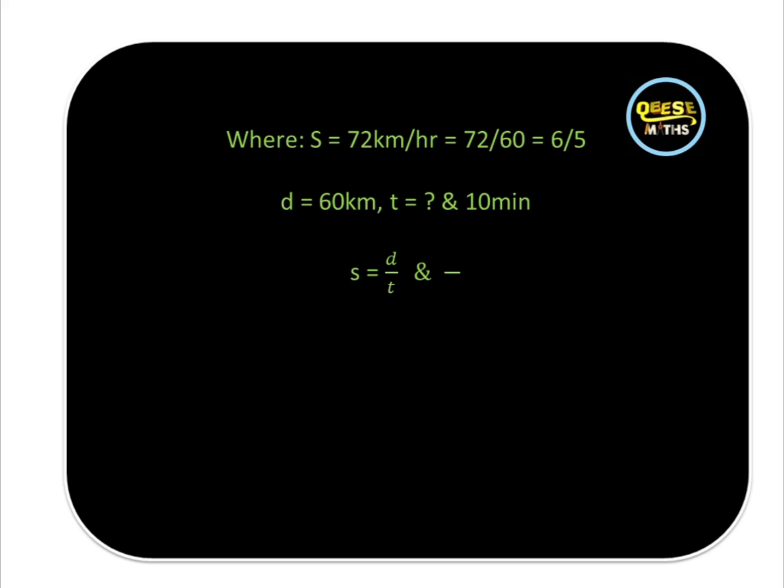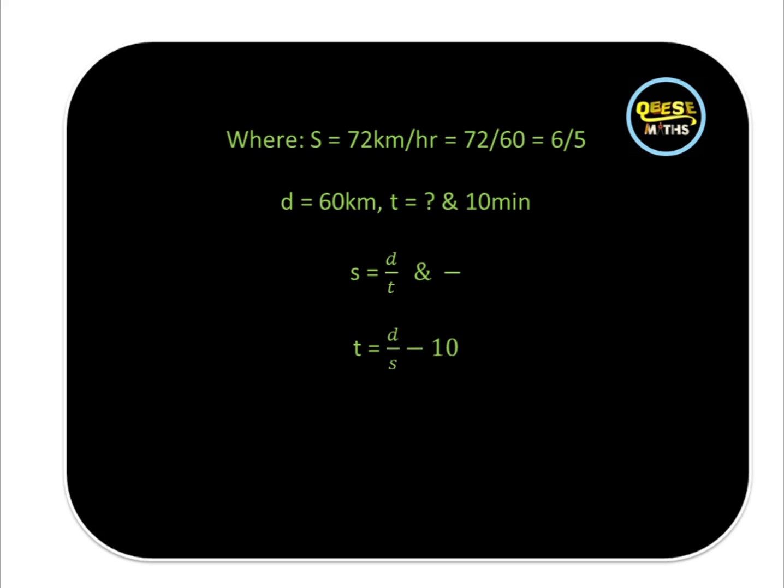If we make T the subject of the formula, we will have T is equals to D over S. And if we fit in the details of the minus, we will have T is equals to D over S minus 10.